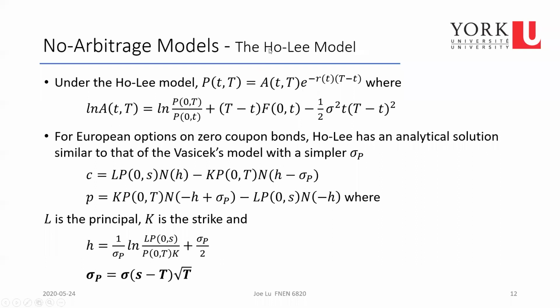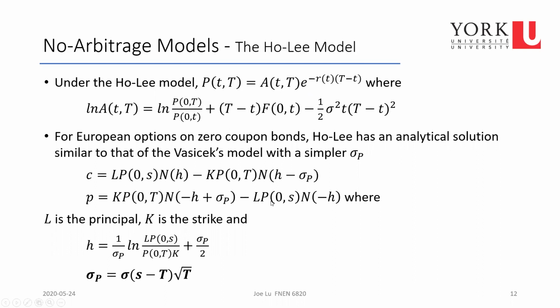Recall that under the Ho-Lee model, the zero coupon bond price will have a particular expression like this, which in a way determines the term structure of interest rate. And log A takes this particular form here, okay?